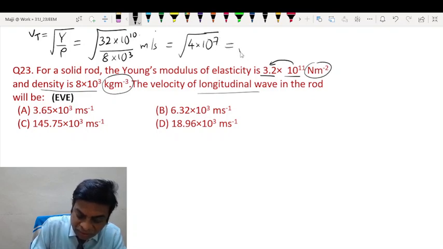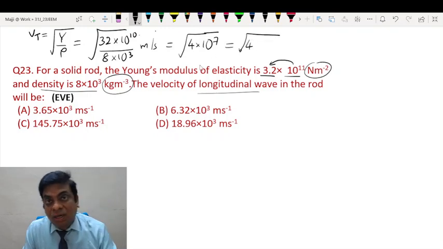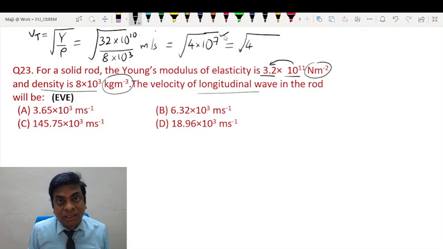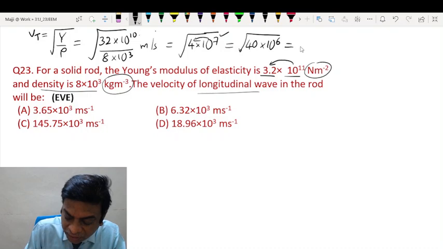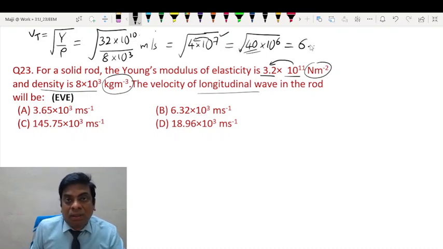Since the power of 10 is not even, we have to convert this, because we have to extract the square root. While extracting the square root, the power of 10 should always be even. So I am going to give one 10 to this, so it becomes 40 into 10 to the power 6. So basically root 40 is 6 point something, because the perfect square closest to 40 and less than 40 is 36.